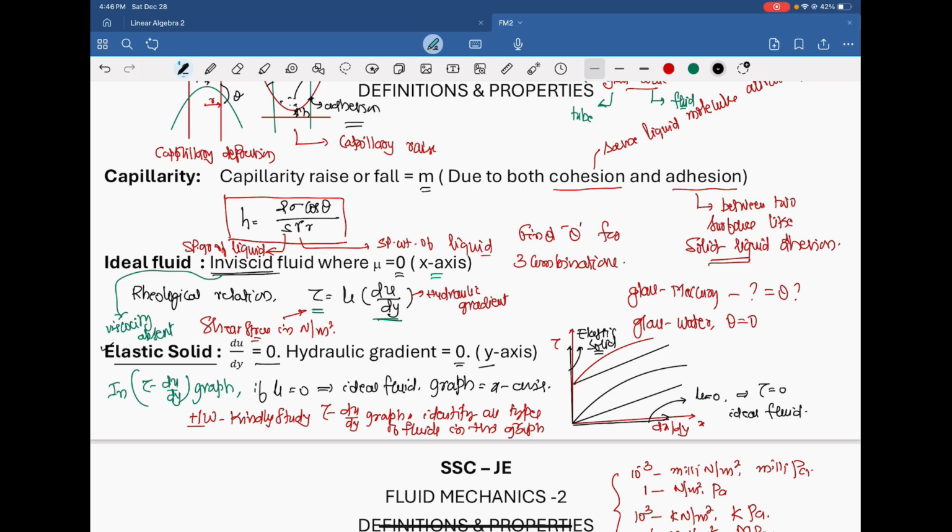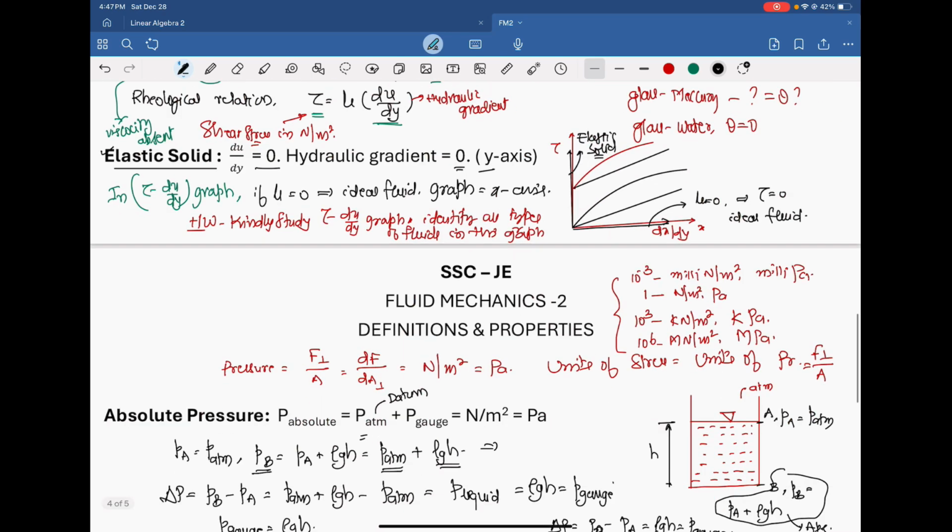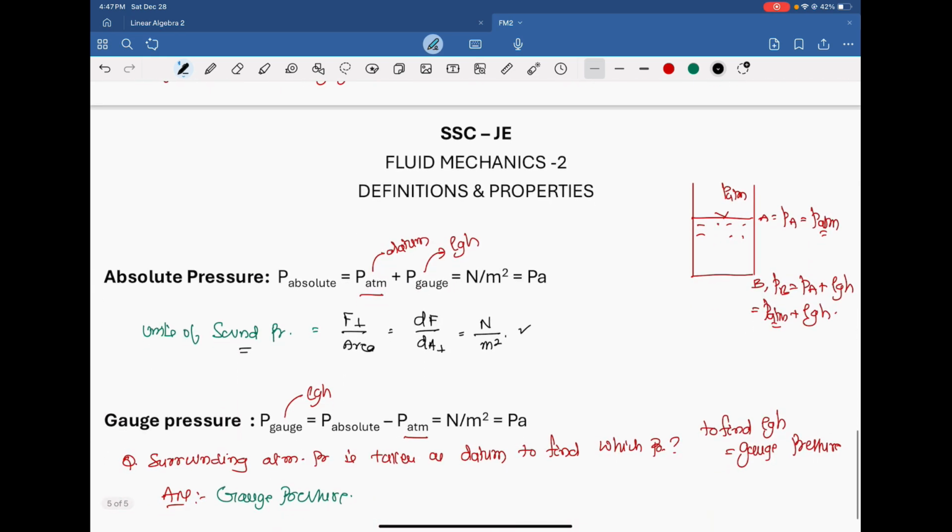And another question is also asked, how does the atmospheric pressure vary with respect to altitude? This is the 5th question. The atmospheric pressure decreases with altitude.